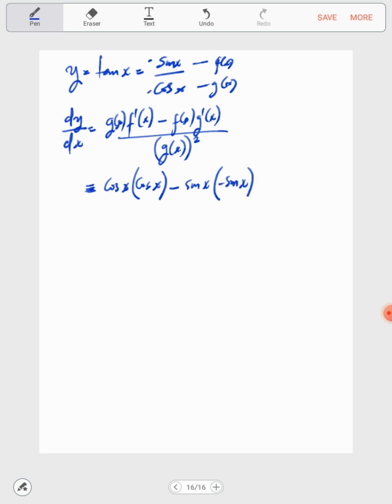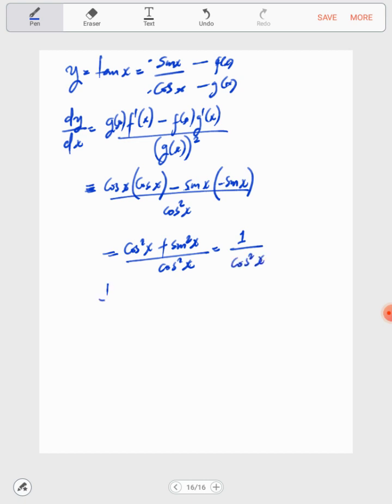We've done that in our previous class. So everything is divided by cos x all squared, which is cos square x. From this, in the numerator, cos square x, and negative sin x multiplying sin x gives a positive sin square x, dividing cos square x. Now, by the trigonometric identity, this sum gives 1, then dividing cos square x.